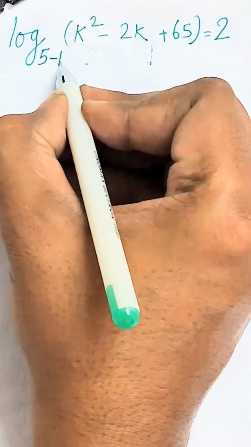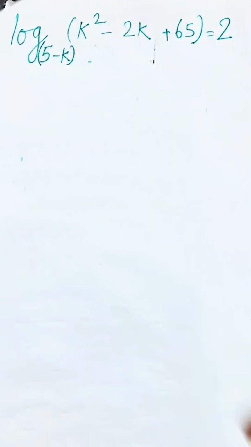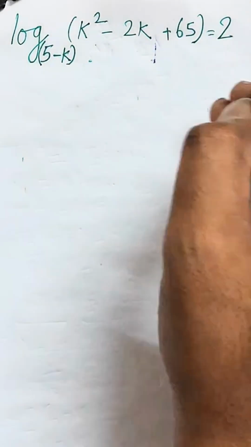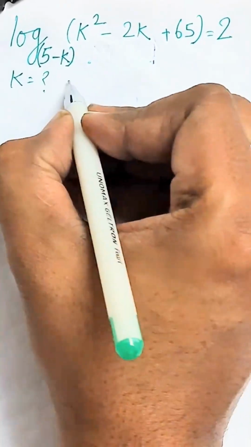So the base is 5 minus k over here. In this case we need to find the value of k. So k equal to what?